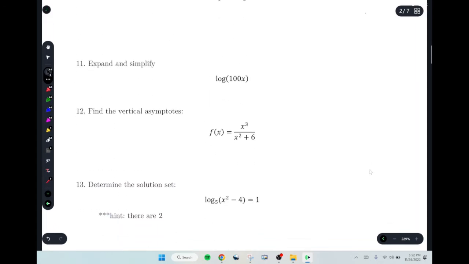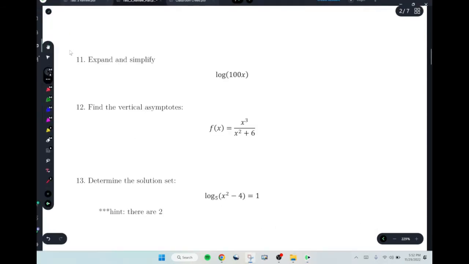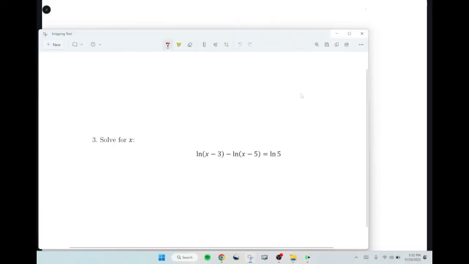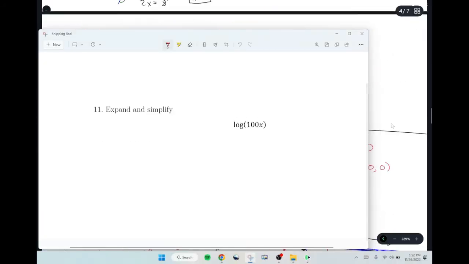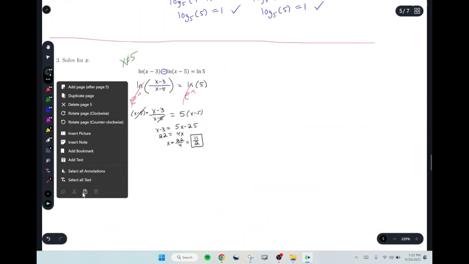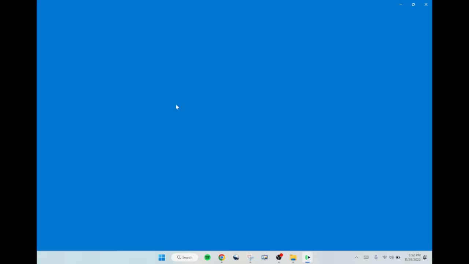Ooh, 11's pretty important. 11 looks easy, but it might not be obvious. Yeah, I just saw it and I thought, it looks like it should. Chill.